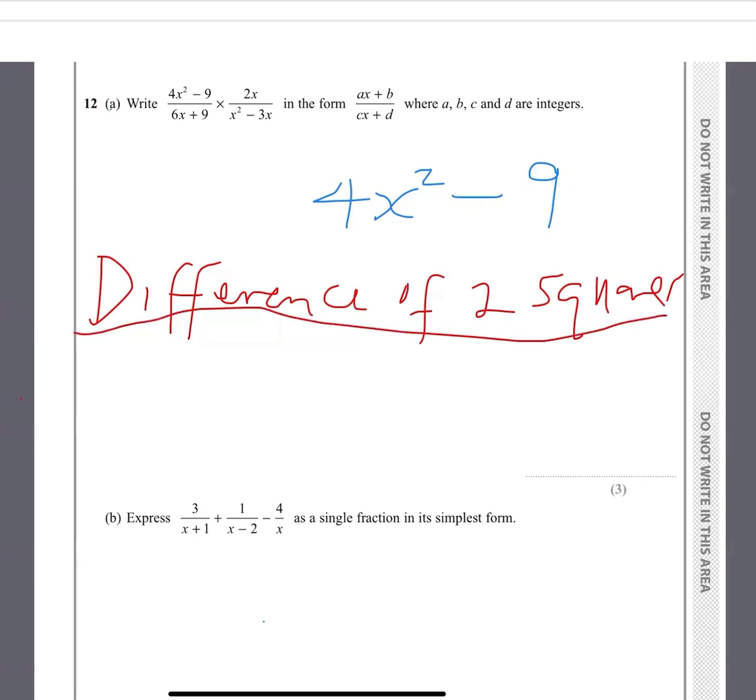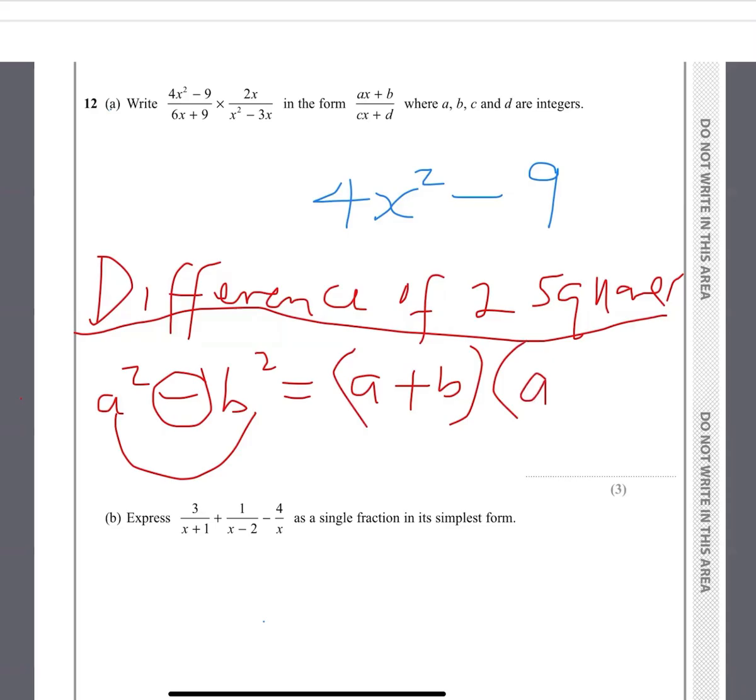For example, if you have a squared minus b squared, these are two squares subtracting each other. It factorizes as what? a plus b and a minus b, right? Yeah.